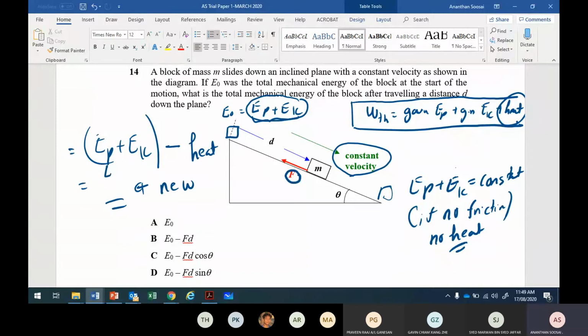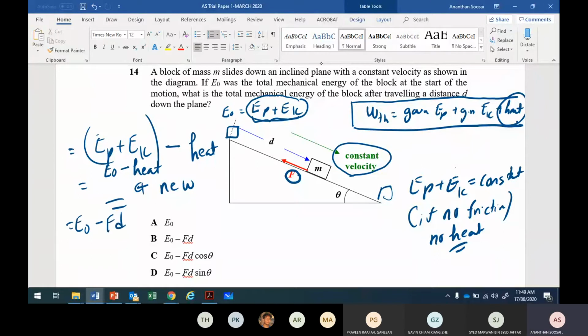So E naught minus heat is your new energy. What is your heat energy generated? Heat is the work done by the friction, so F times d.